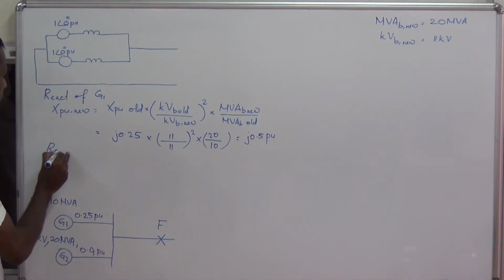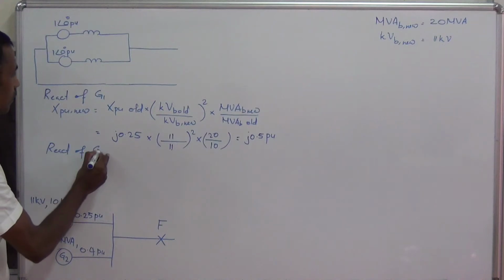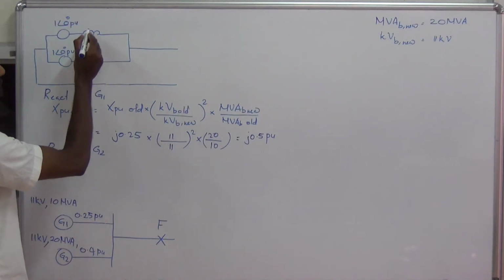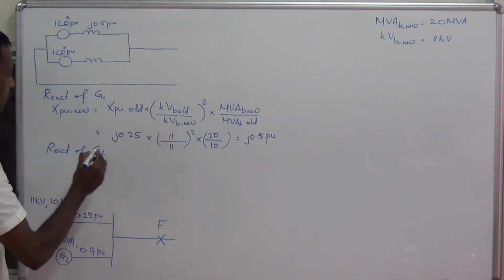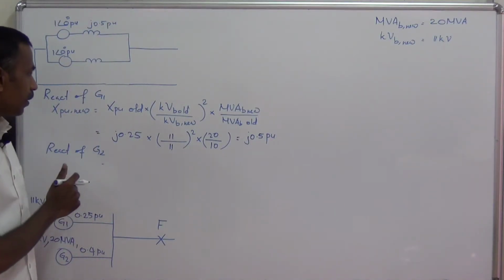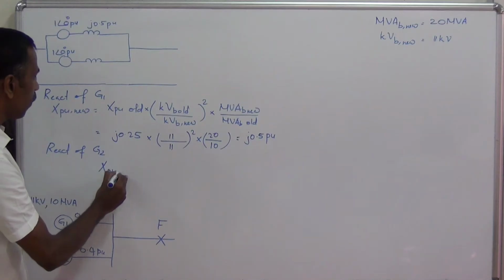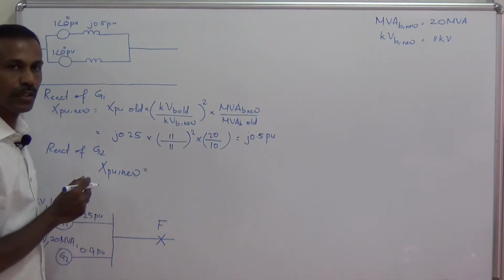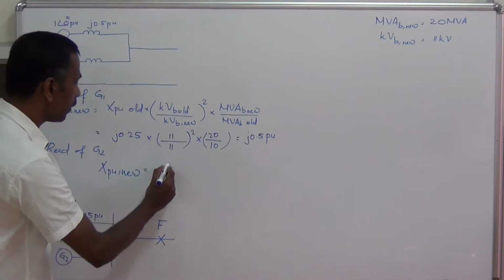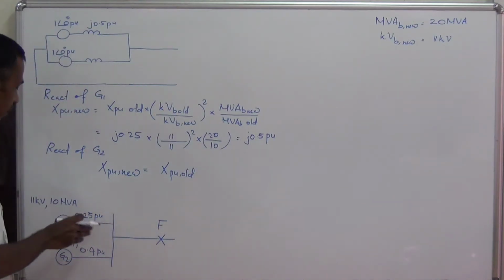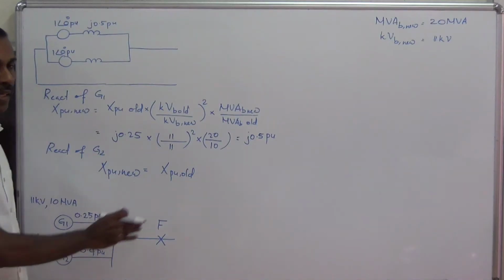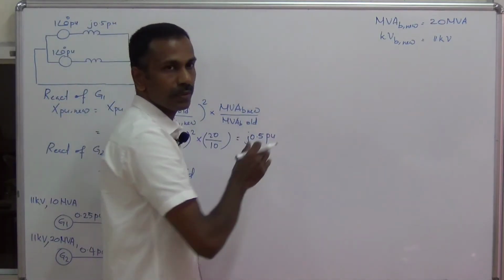Now let us find the reactance of G2. Let me mark this reactance here. It is j0.5 per unit. When you find X per unit new for generator 2, this will be the same as the X per unit old, because the rating of generator 2 is taken as the new base values.